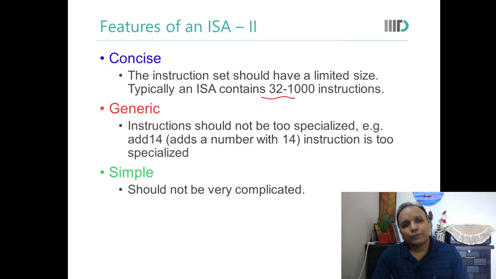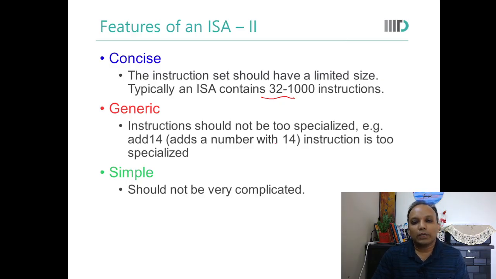The other feature the ISA should have is that it should be generic. You are not supposed to write very specific instructions. One example here can be, let us say you really do not want to have an instruction like add 14. Whenever you need to add 14 with some number or variable, you use that instruction, but that will be a very specific or specialized instruction, right? Why do you want to use such a specialized instruction?